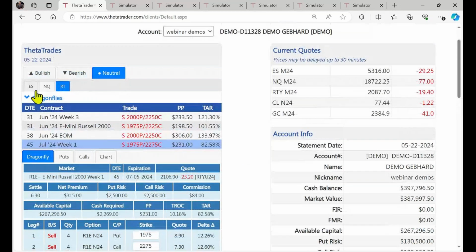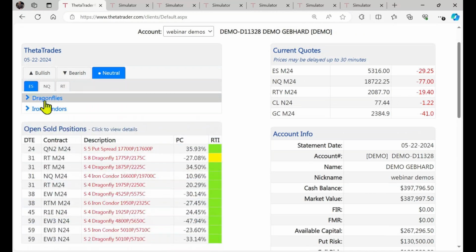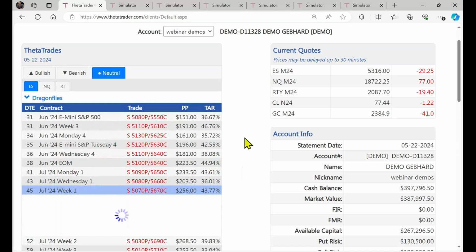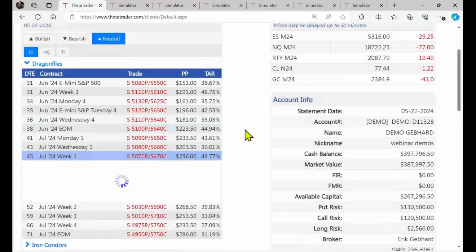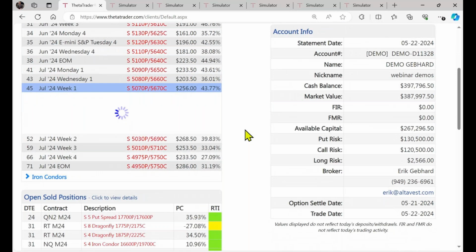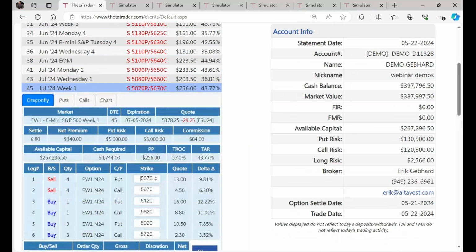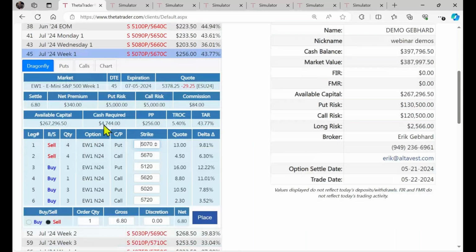Now, if you look at an E-mini S&P Dragonfly, and that was the week 1, we'll use the same expiration, so it's apples to apples. So you can see here the cash required is 4744. What is that? Over $2,000 more, and the profit potential is nearly the same in terms of comparing it to the Russell Dragonfly.